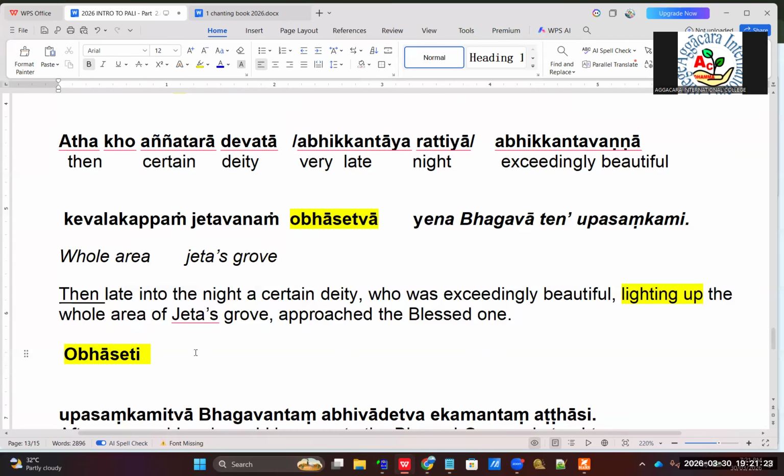So, cause to light up. Right? So you drop the T, and you have Obasa. So Obasa, you plus the Tua. You just put the Tua. So here we translate it as lighting up.